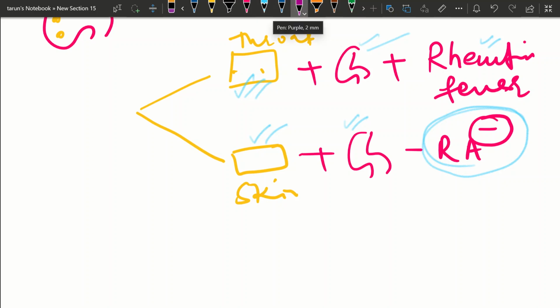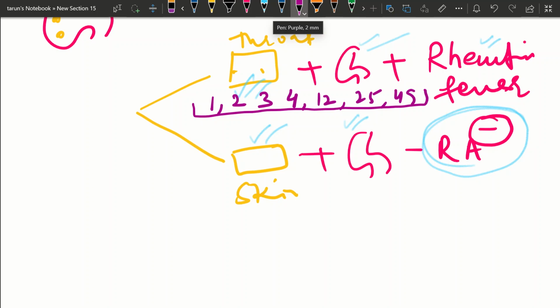So we'll study what these strains are. The strains which affect our throat and cause rheumatic fever are strain number 1, strain number 2, strain number 3, strain number 4, strain number 12, 25 and 49. These are the strains of the streptococci which cause rheumatic fever, along with glomerulonephritis, and involve the throat.